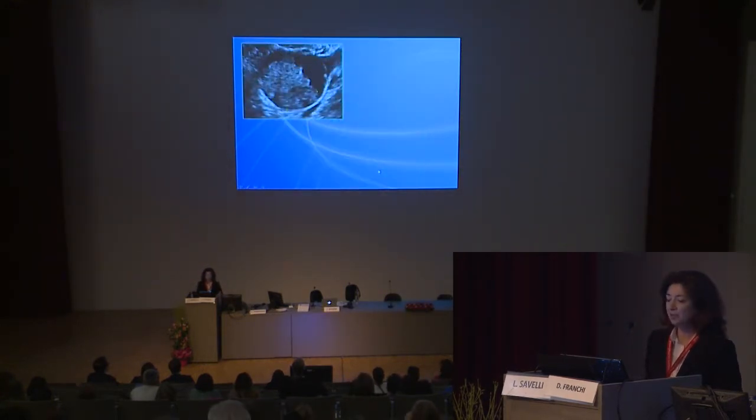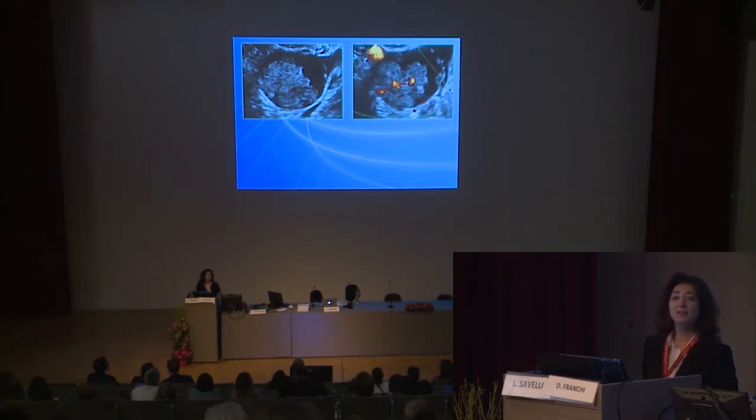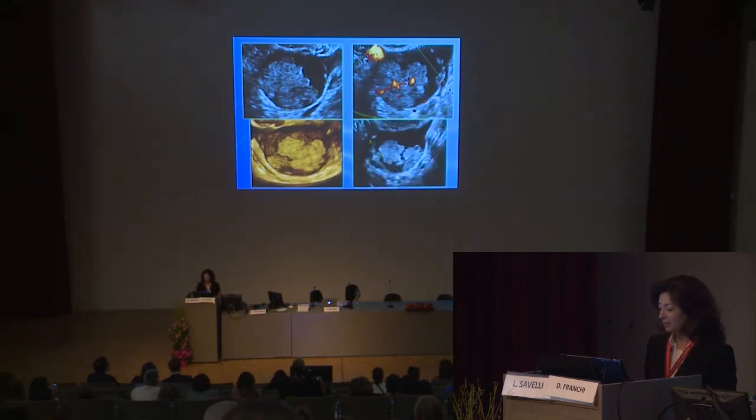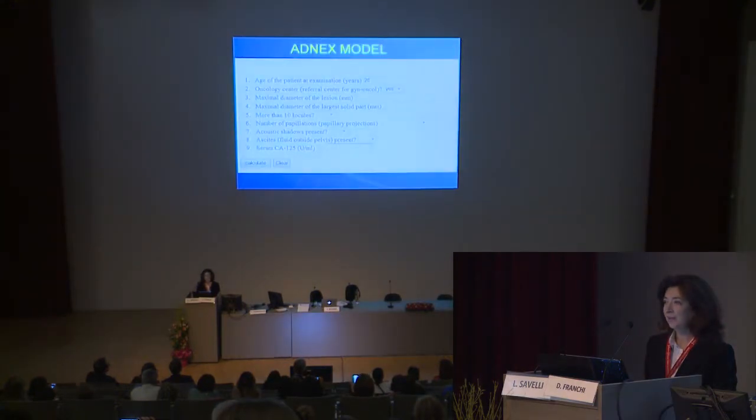Here just the image. Here the color Doppler. I say it's color score 3 with a main vessel. This is the 3D, okay? And the ovarian crescent sign. Here we apply the ADNEX model.